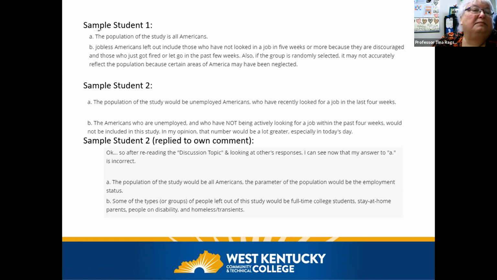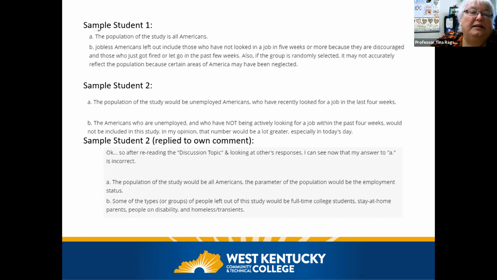Also, if the group is randomly selected, it may not accurately reflect the population because certain areas of Americans may have been neglected. Another student said the Americans who are unemployed who have not been actively looking for a job within the past 4 weeks would not be included in the study. In my opinion, that number would be a lot greater, especially in today's day.